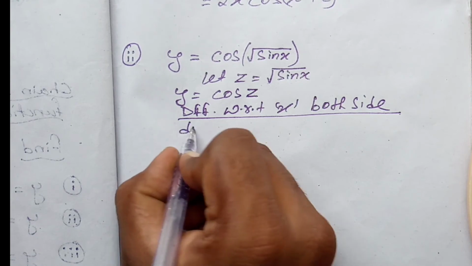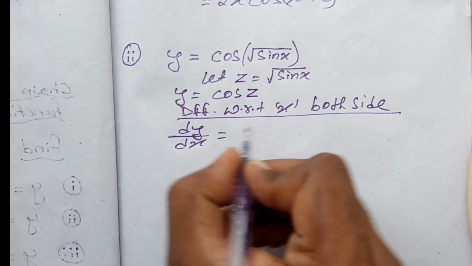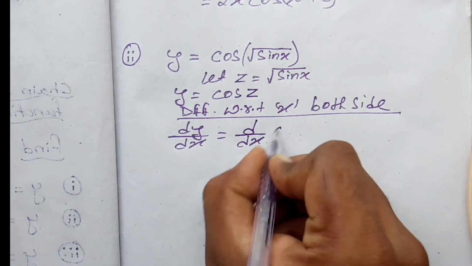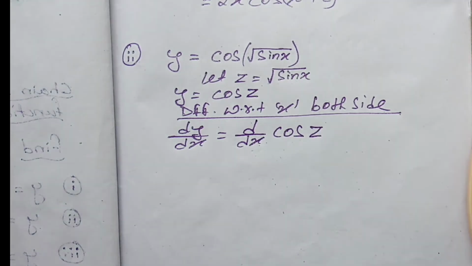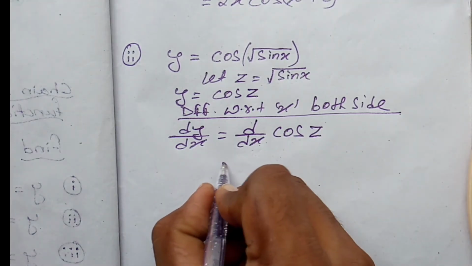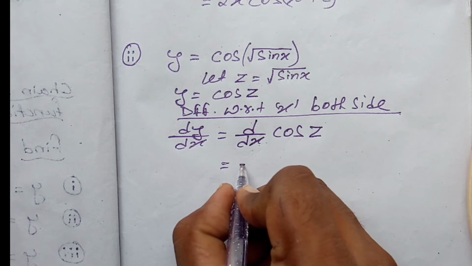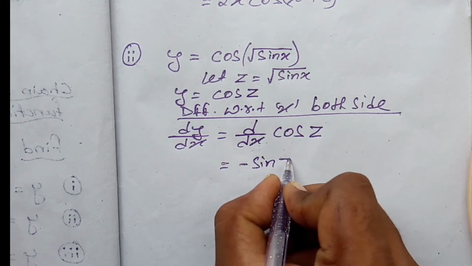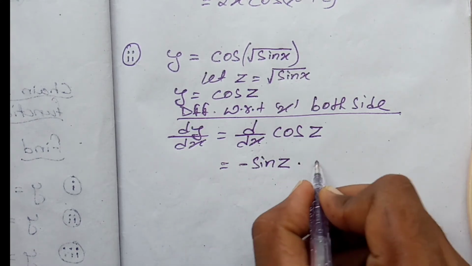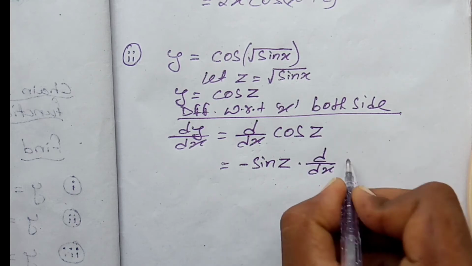So it becomes dy by dx, and here d by dx of cos z. Now what is the differentiation of cos? The differentiation of cos is minus sine, and the angle is z, so we will put z here.